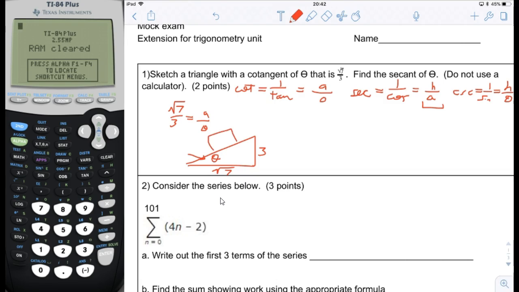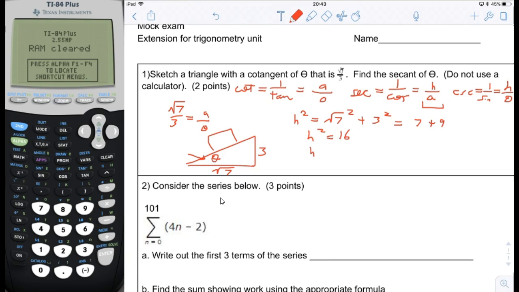So how do we figure out the hypotenuse from the adjacent and the opposite? Well, we'll use Pythagoras' theorem. Hypotenuse squared is equal to the square root of 7, which is the adjacent, squared, plus the opposite squared. So square root of 7 squared is 7. 3 squared is 9. So h squared is equal to 16.